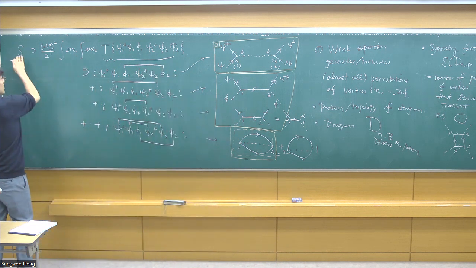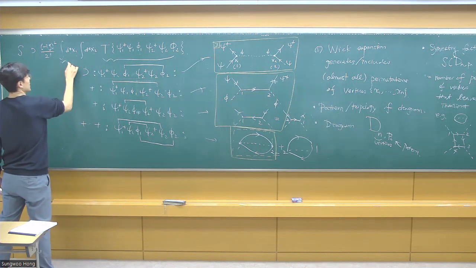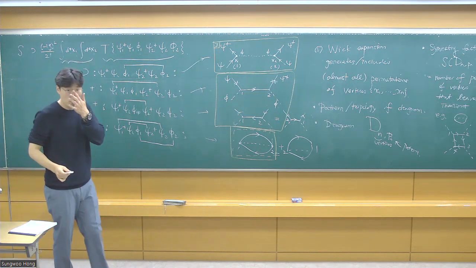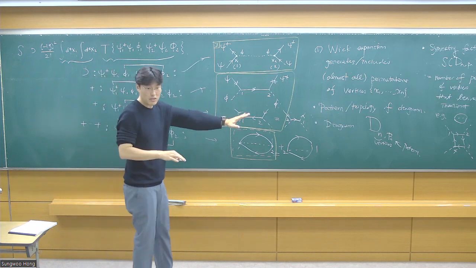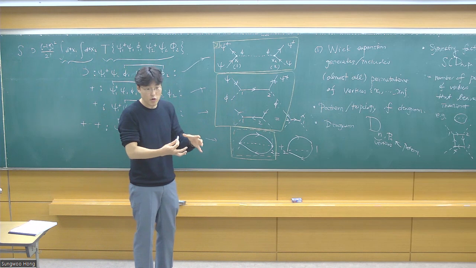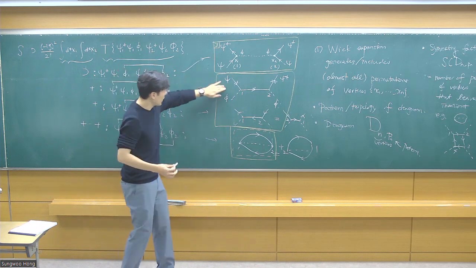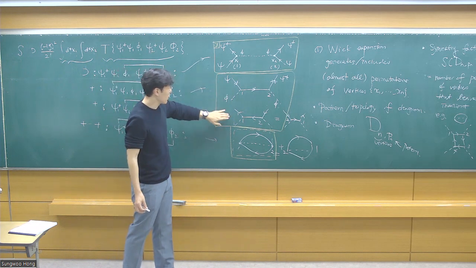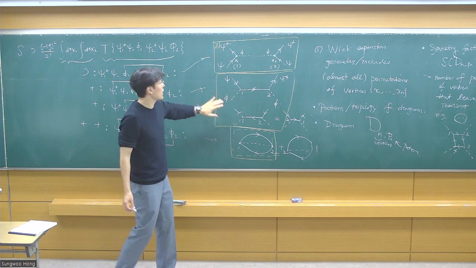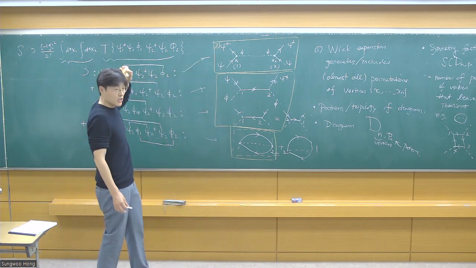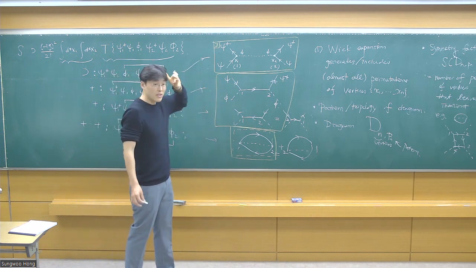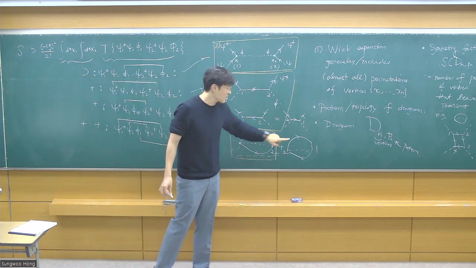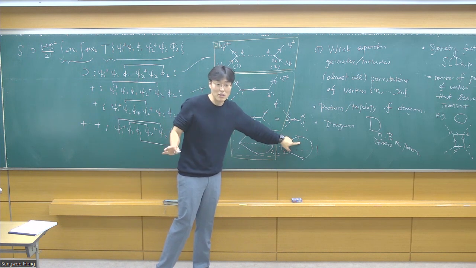Now let me say one more thing before I move on. Dyson's formula includes the integration over all the vertices, so I'm going to combine all these factors to derive a formula. As an integrand, this diagram is inequivalent to that one. As an integrand diagram, this is exactly the same as that, and that's when we talk about symmetry factor.